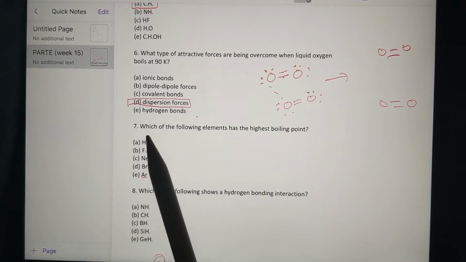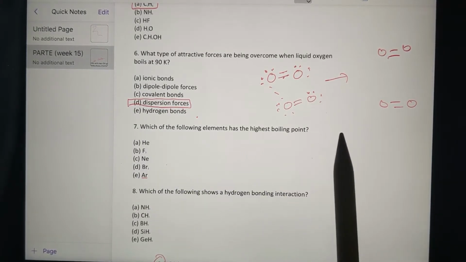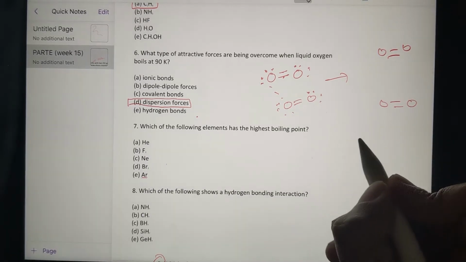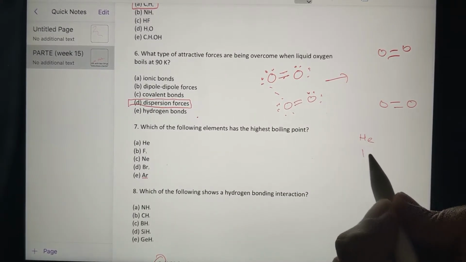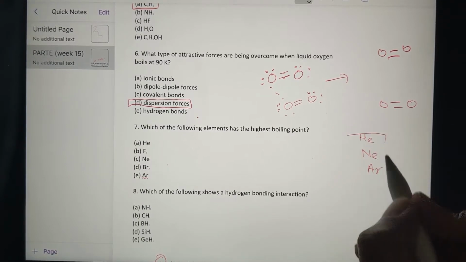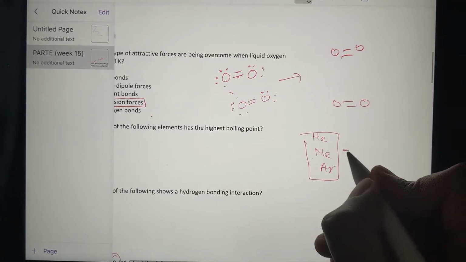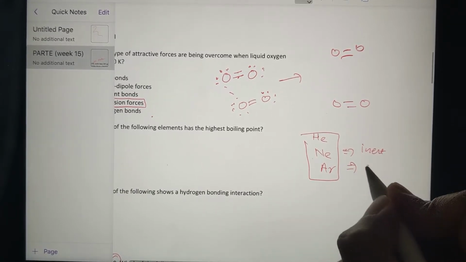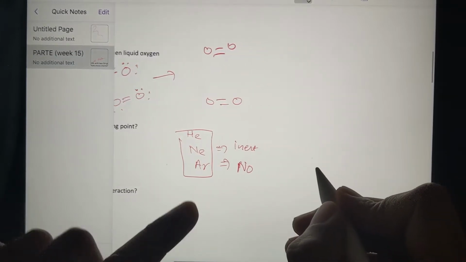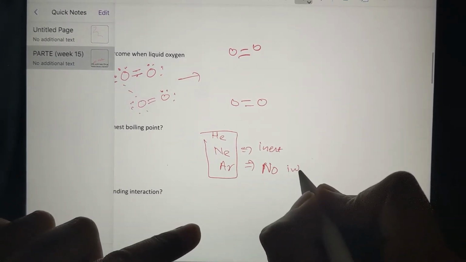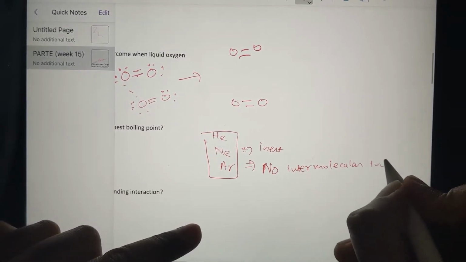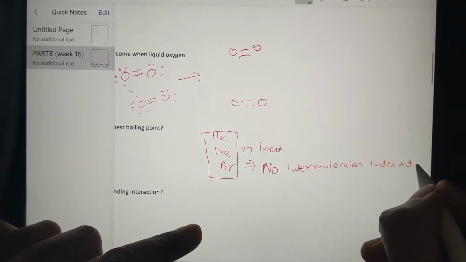So next question is, which of the following elements has the highest boiling point? So let's see. You have argon, neon, helium. These are examples of noble gases, and you know that these are inert, which means there is no intermolecular interaction.